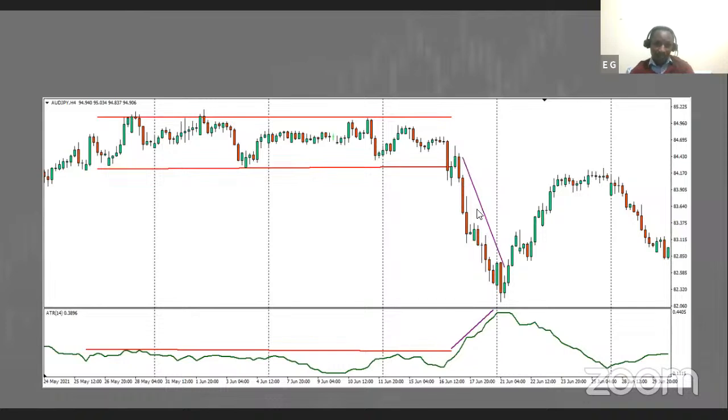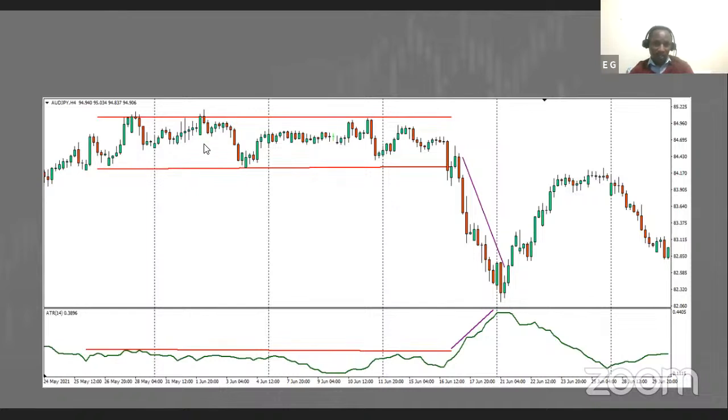But when volatility starts to build, as can be seen by the period where we have the purple trend line, you'll notice that ATR was increasing, which would imply that volatility was building up.